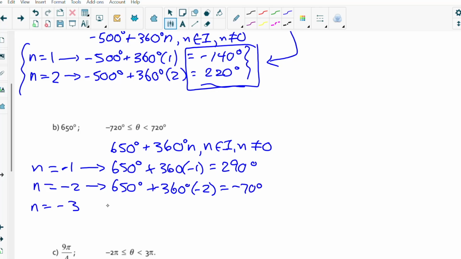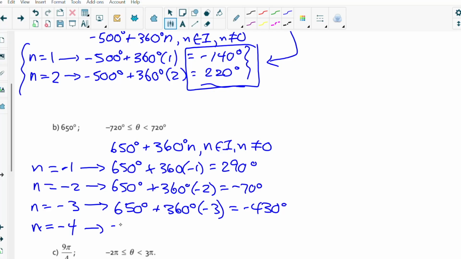N equals negative 3. That's 650 degrees plus 360 degrees times negative 3, and that equals negative 430 degrees. If I go n equals negative 4, that's outside of my domain.